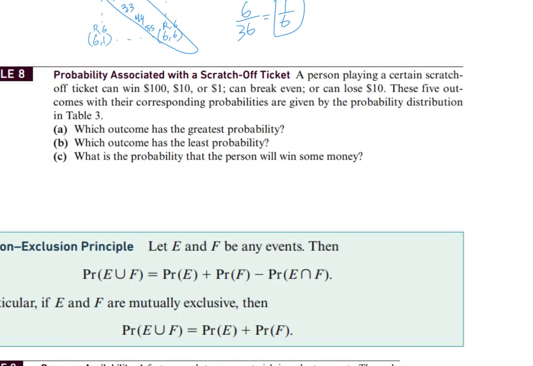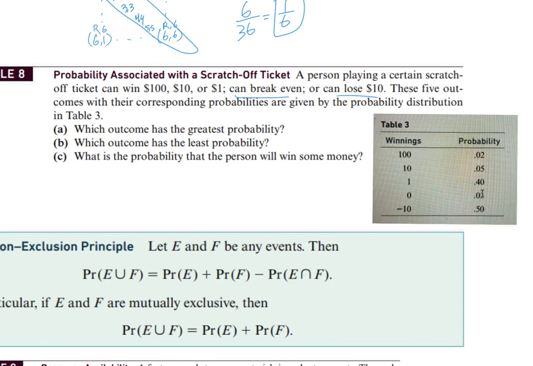A person playing a certain scratch-off ticket can win $100, $10, or $1, can break even, or can lose $10. These 5 outcomes with their corresponding probabilities are given by the probability distribution in Table 3. Here's Table 3.